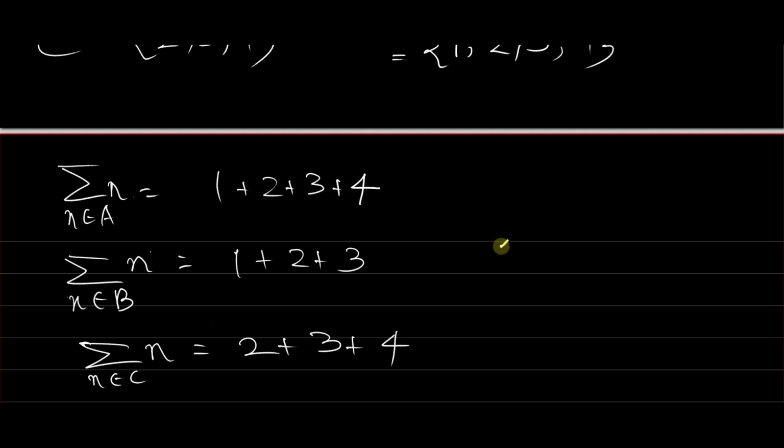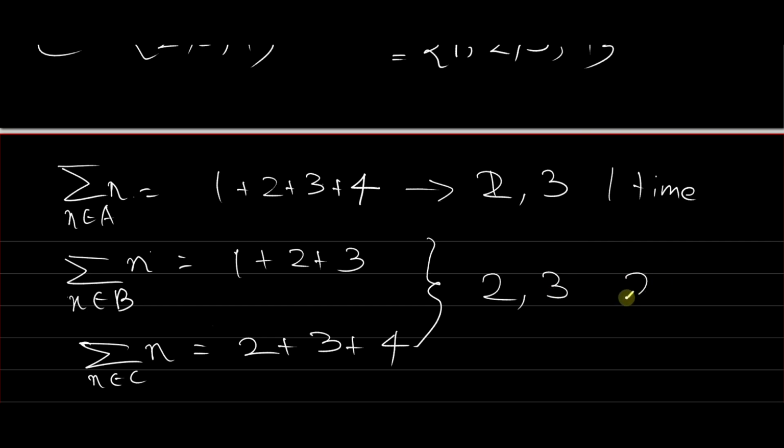We are seeing that in A we are adding the common elements 2 and 3 one time. But if we add both of these, we are seeing that we are adding 2 and 3 two times.